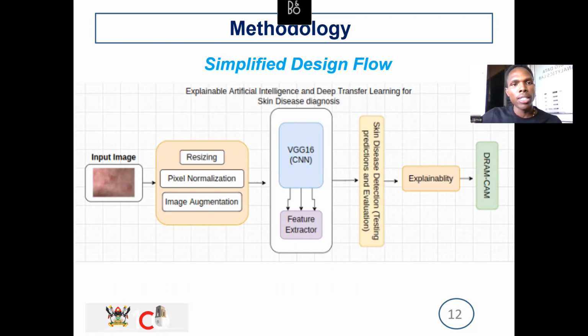So in data preprocessing, we're trying to process this data such that it fits the model, the VGG16 model, as a result giving us a correct prediction.